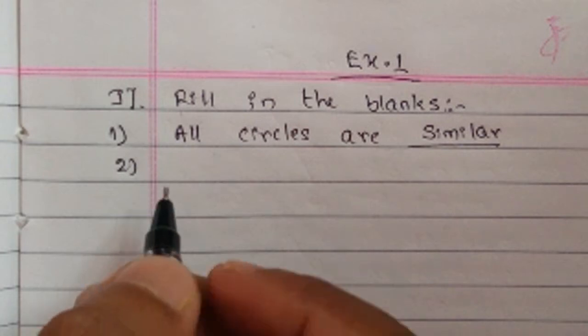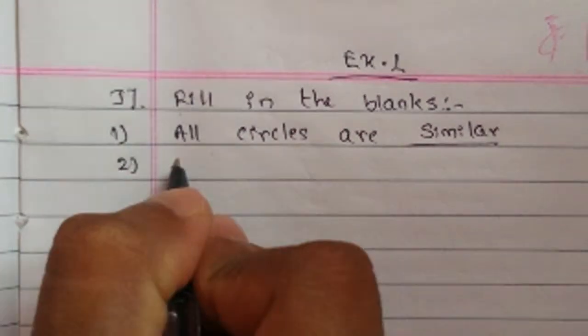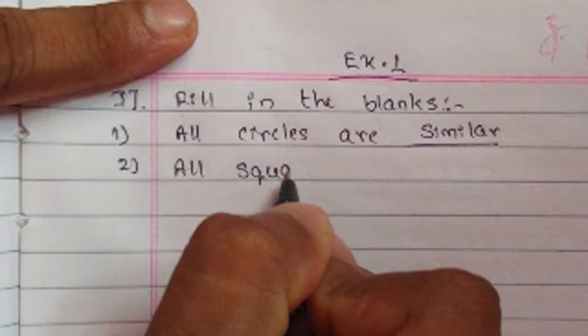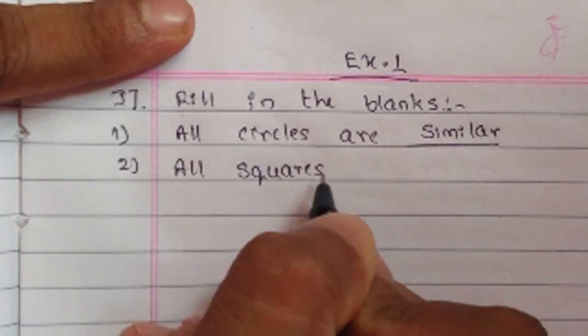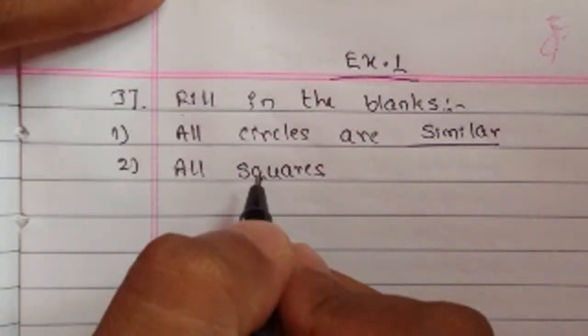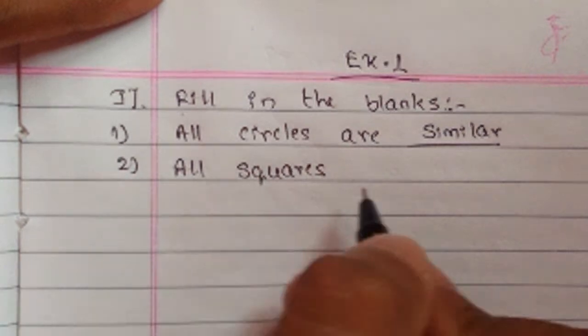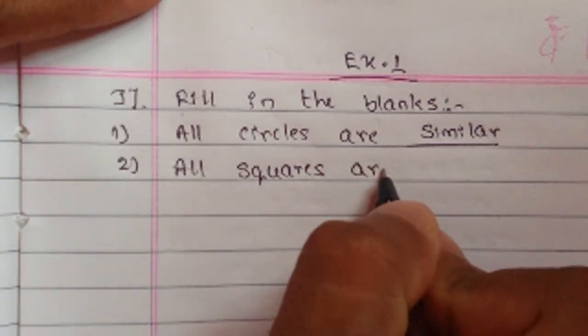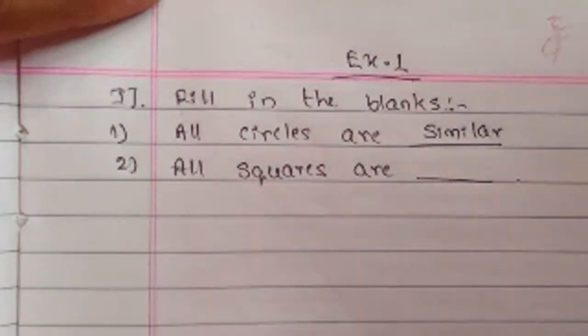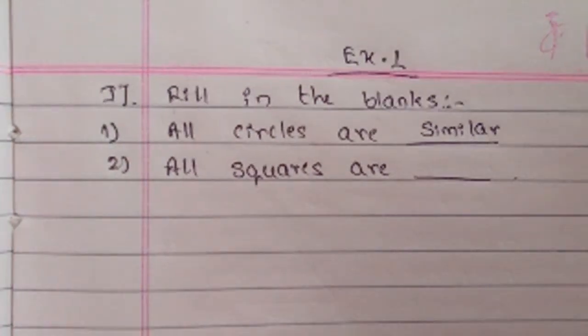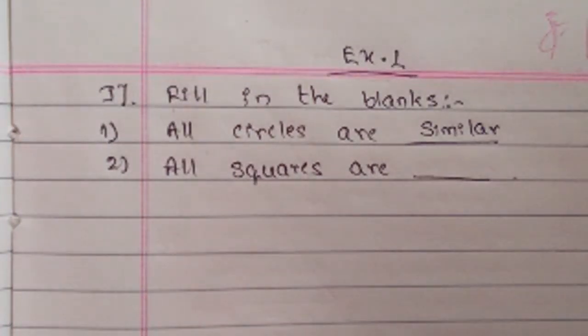Then the second one, all squares are dash. In squares all the side lengths are equal and all the angles are equal to 90 degrees. All squares are dash. Comment your answer. First one is similar, second one is congruent.